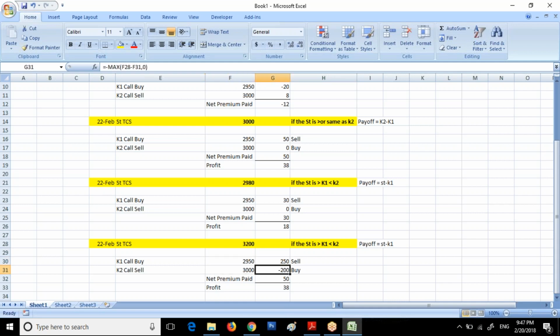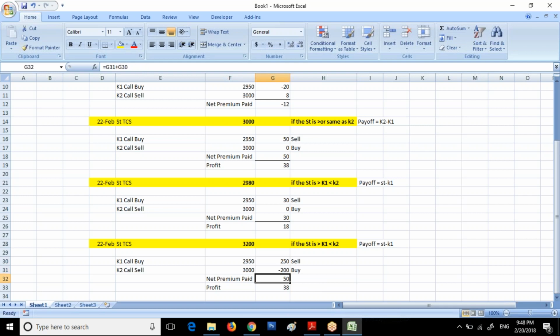And if we talk about this 3,000, it went above. So the formula is max of spot minus strike or 0. But because you have sold, we actually paid this, so put a minus sign here, so 200 is gone. If you have purchased, you pay the premium, so 200 rupees is gone here. So 200 is gone and 250 we have received.